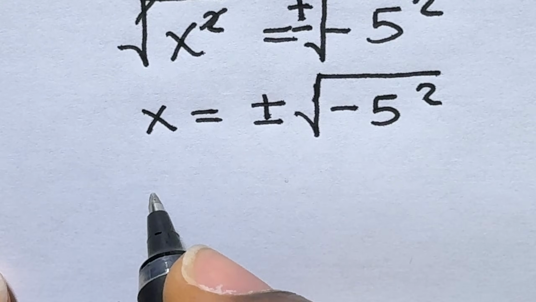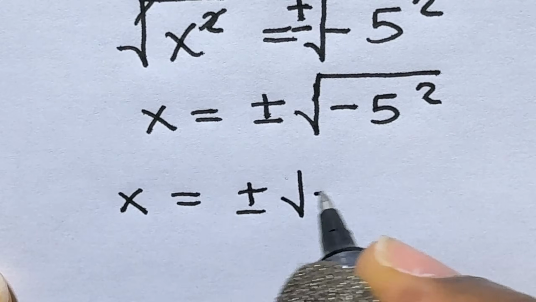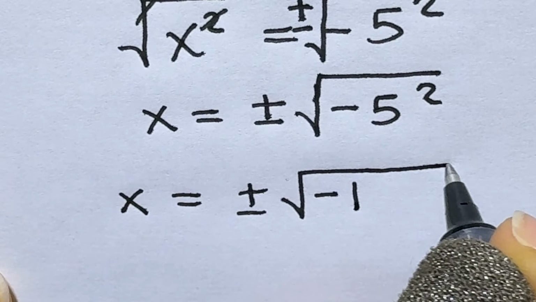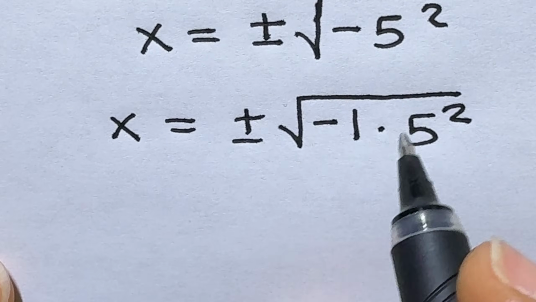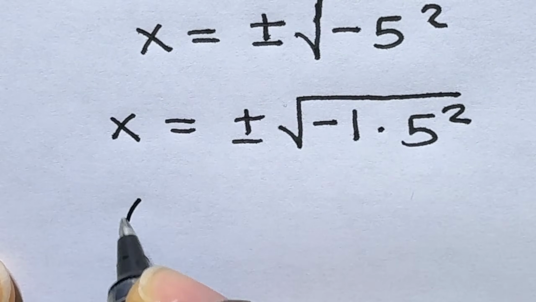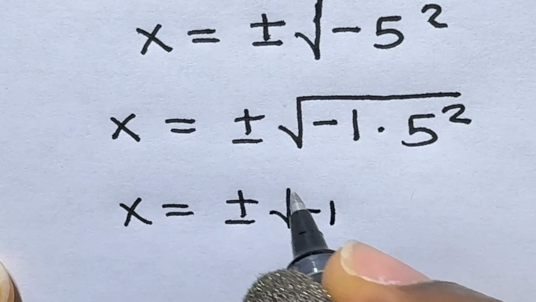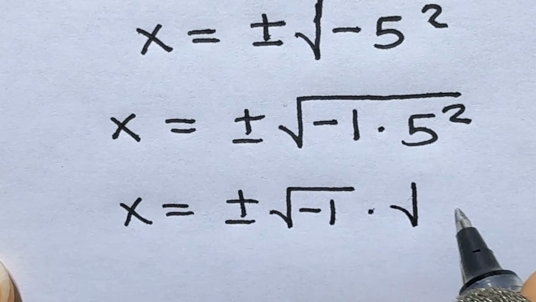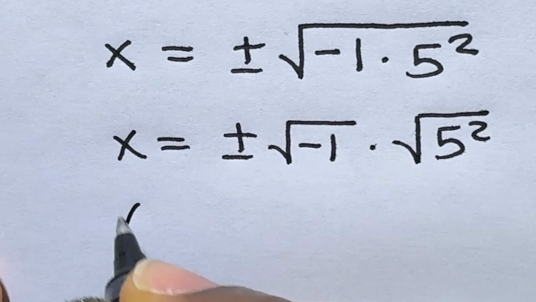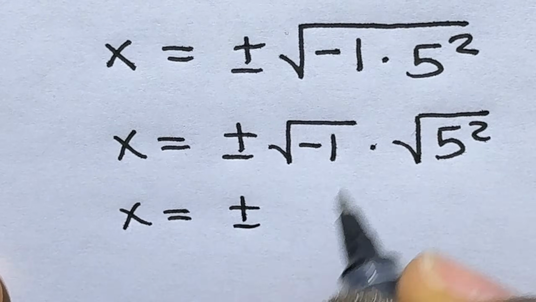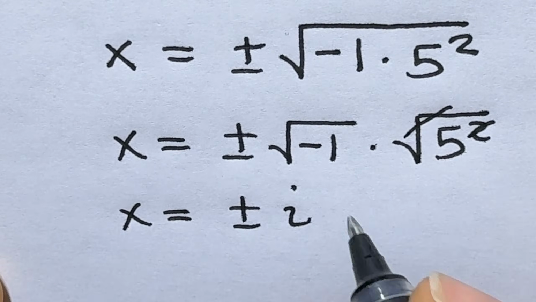This is same thing as saying x is equal to plus or minus square root of negative 1 times 5 raised to power 2. We can separate this product to give us x is equal to plus or minus square root of negative 1 times square root of 5 squared, and then x is equal to plus or minus, square root of minus 1 is i, and then this cancels this to give us 5.